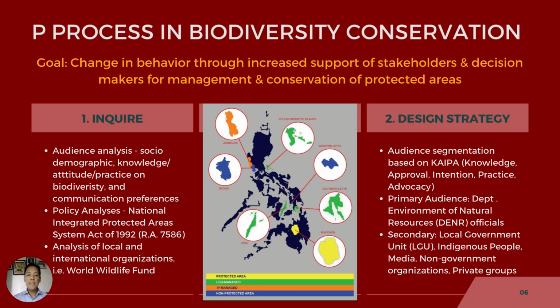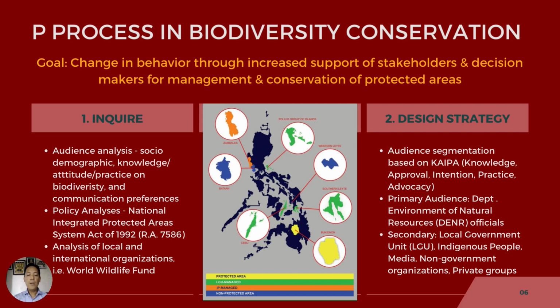The second step is the design strategy. So here we actually segment the audience or stakeholder, and the process is based on KAIPA analysis. So it stands for knowledge, approval, intention, practice, and advocacy.